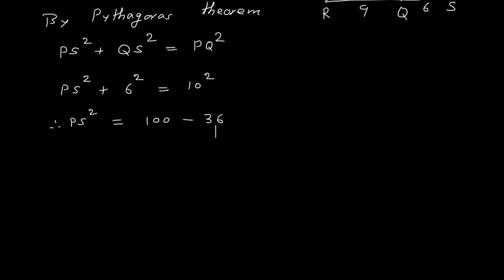Therefore the value of PS square is equal to 100 minus 36 is 64. So therefore the value of PS is equal to root of 64, which is 8. So the value of PS is 8.